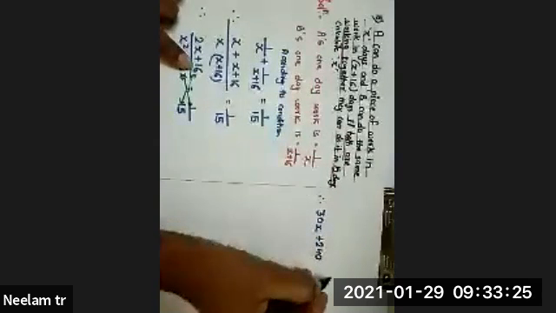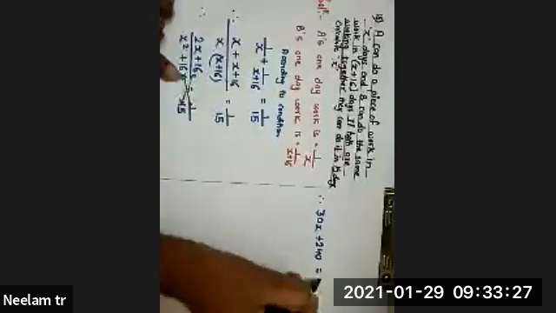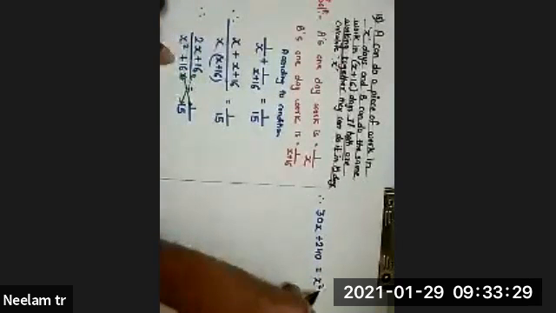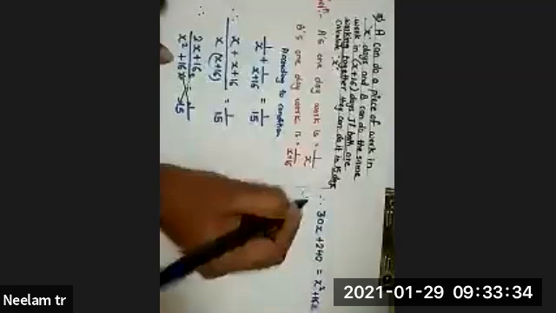Multiply it, 240, 1 से multiply करेंगे, this is x square, 1 into x square, 1 square plus 16x, ठीक है.